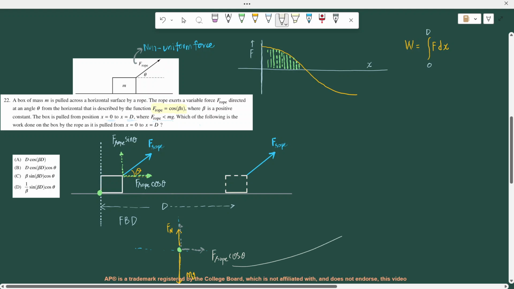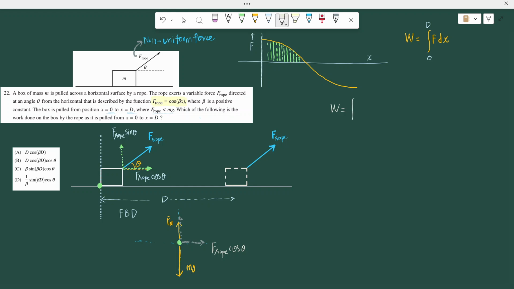So we are going to substitute here that component. So this is from 0 to d, and this component times dx. Now notice one thing, the force all the time is applied at the same angle theta, even at that time when it covered the displacement d, it is still theta, which means that cos theta is not a variable component, and we are not integrating this expression with respect to cos theta.